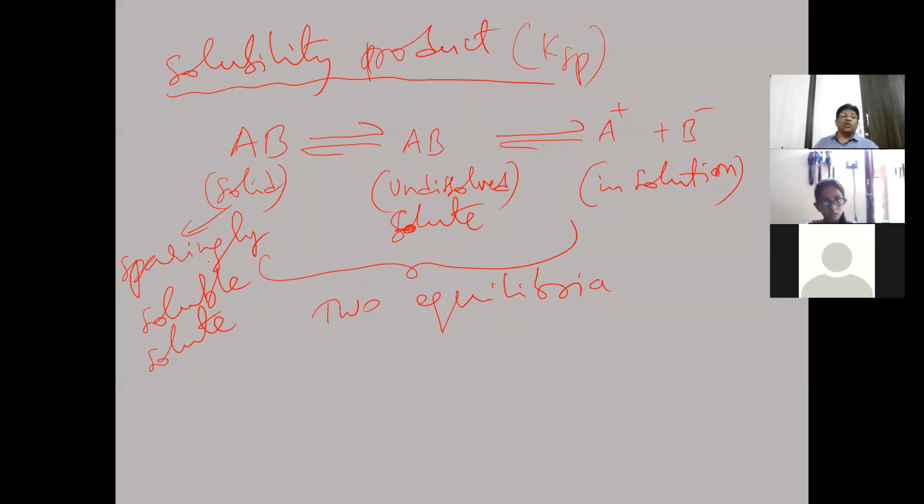So the sparingly soluble solute AB is dissolved in some solvent, and we got some solution. In that solution at the bottom, undissolved solute is left over, and in the solution, A plus and B minus ions are present. Now I'm taking the next page.